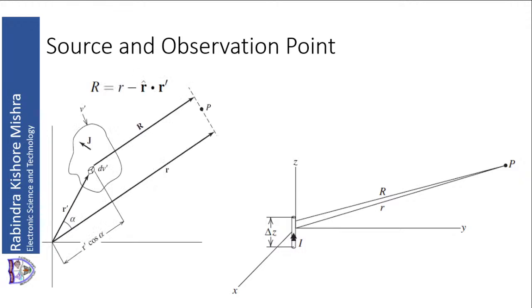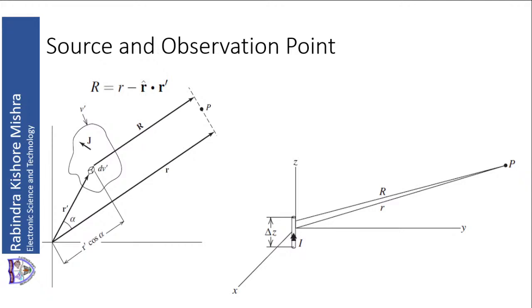Now you can see the same picture that I have shown you earlier, and in this picture what we see here is the vector to the observation point.